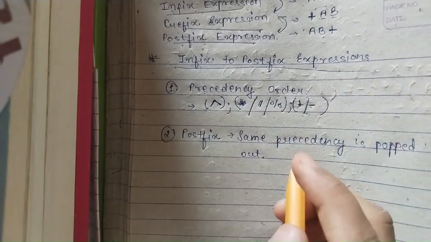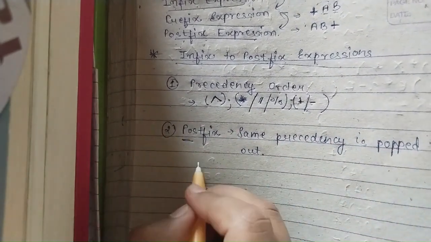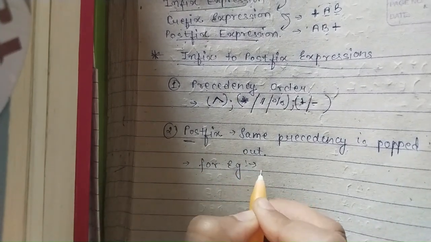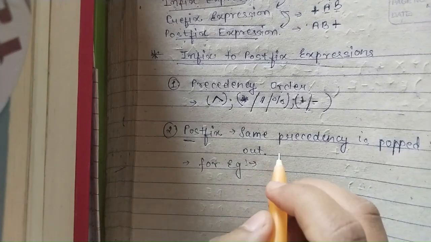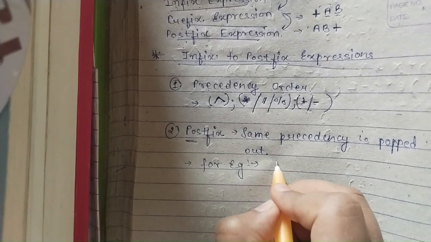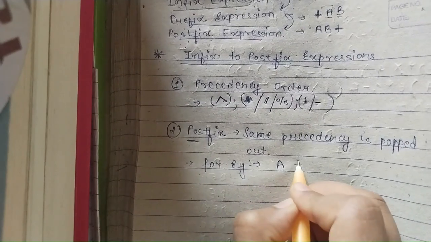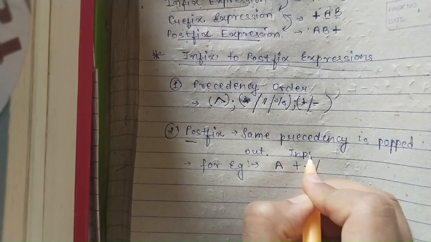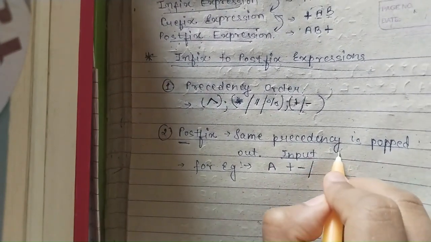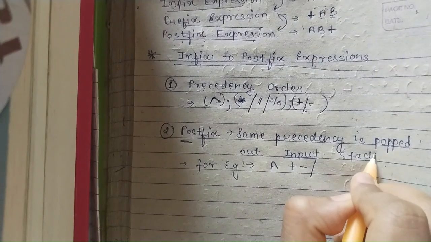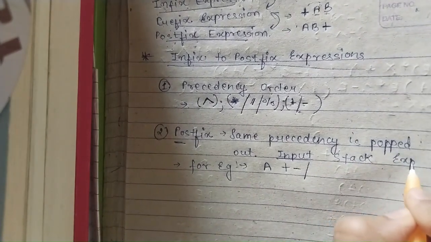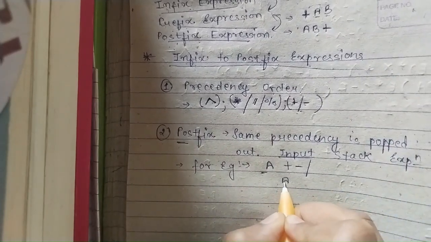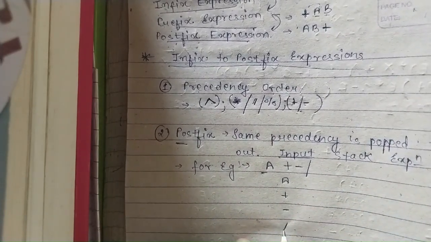I'll give you an example of this particular thing. You can understand this concept by this simple example. If you are given an expression A plus minus and then divide as the input, here is the stack and then the expression. Keep in mind that this can be written as A plus minus and mod divide.